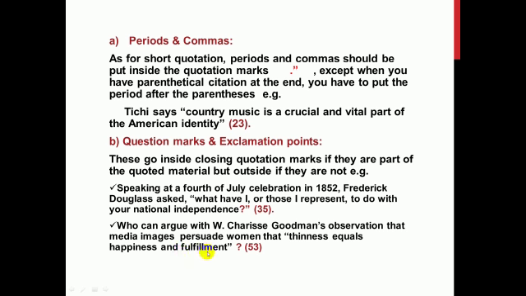It is just quoted material. The question is following the writer's question. It belongs to the writer's question. In this case, I have to put the question mark outside the quotation marks or quoted material, because it belongs to the explanation of the author. It is not part of the quoted material. Okay, in this case, I have to put it outside the quoted material.